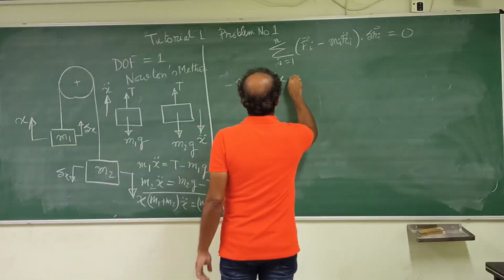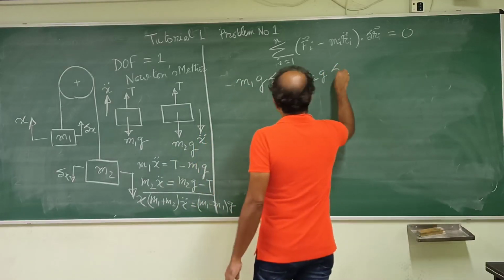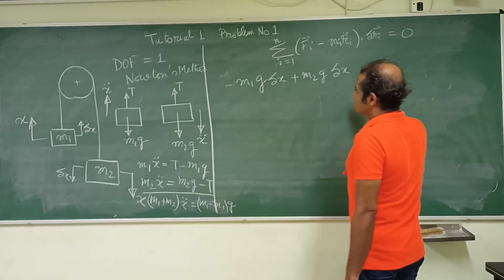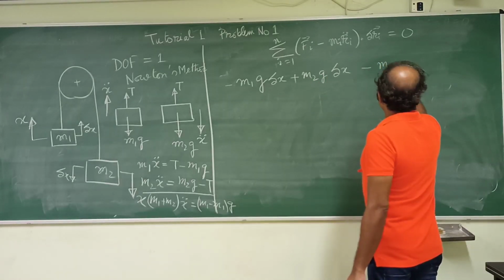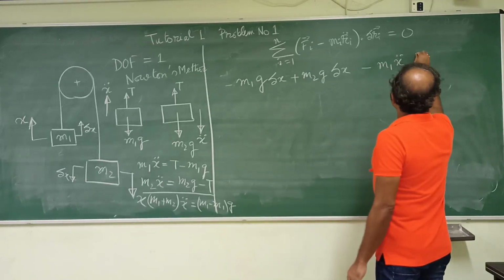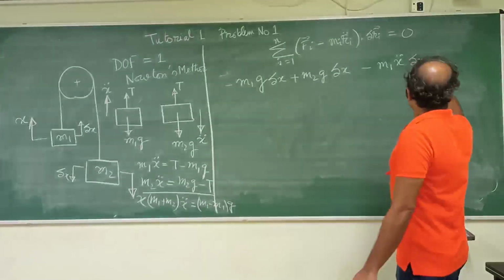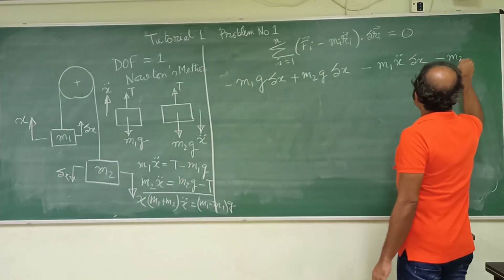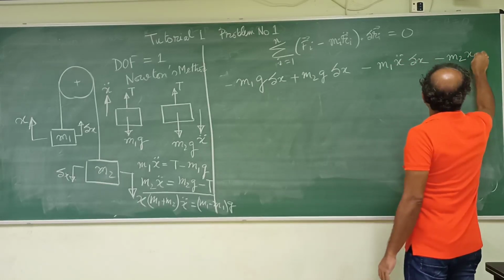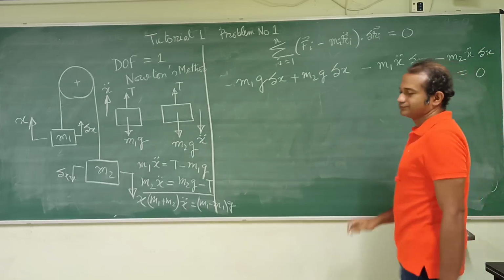For the second mass, it is m2 times g delta x. Next is minus m1 x double dot times delta x, minus m2 x double dot delta x, which is going to be 0.